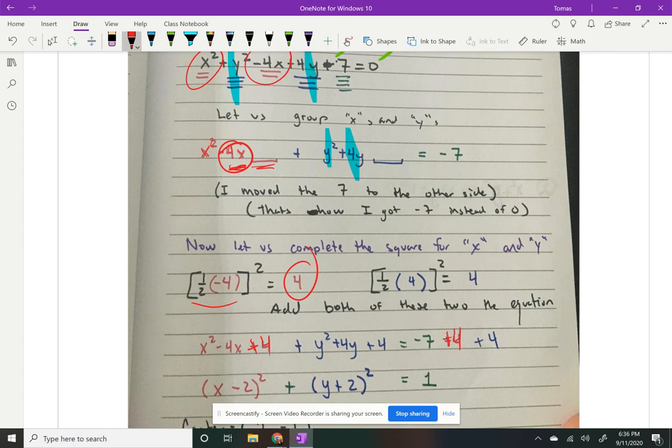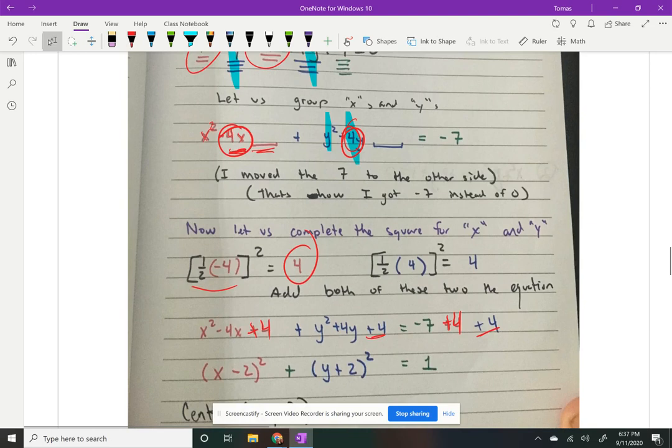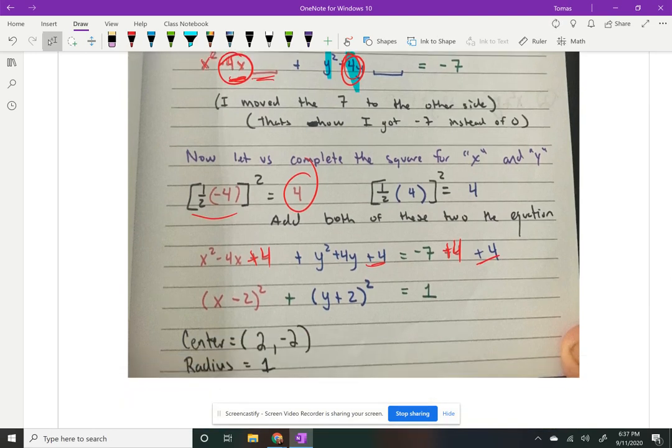And it just so happens for the y, it's the same concept, right? I take this middle term, this 4y, cut it in half, square it, I get a 4. Okay, so I added 4 here, and I added 4 here. Now, why is this important? Well, this is important because now I can factor this.